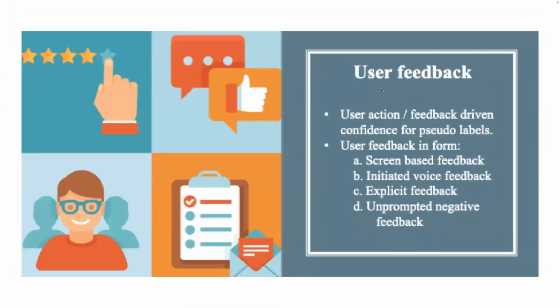Let me mention types of user feedback. For example, screen-based feedback is going to be very important. For instance, we have looked at the scenario of training a computer vision model for figuring out the angle that the user is looking at the camera, like angle of gaze. In those settings, one way that you can leverage the user feedback is based on where the user is clicking.